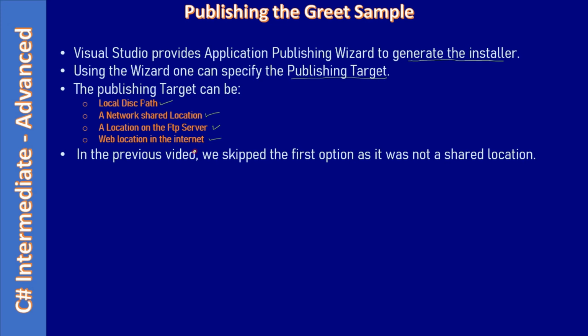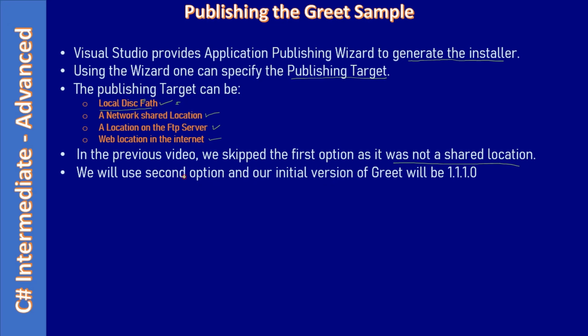In the previous video, we skipped the first option. That means we didn't talk about a local disk path. We skipped the first option as it was not a shared location. We will use the second option in our initial version.